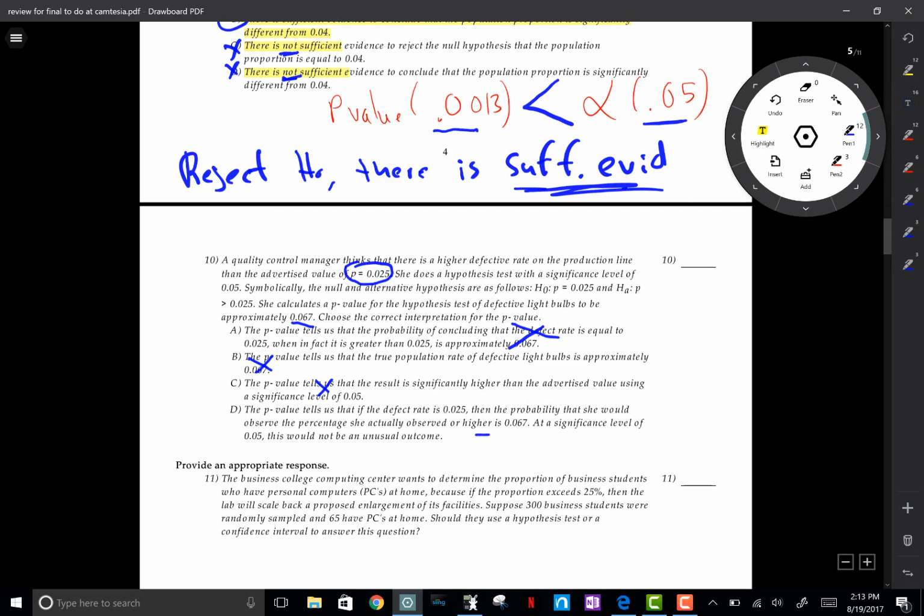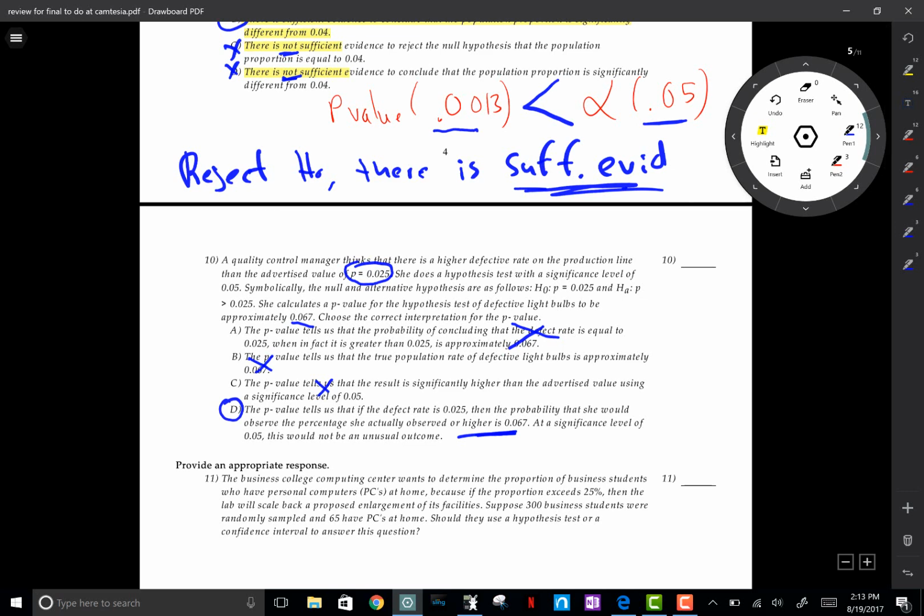This one is pretty much giving me all I want. It's telling me that the probability of her observation, or something higher than that observation, is 0.067. So that's why D will be the answer.